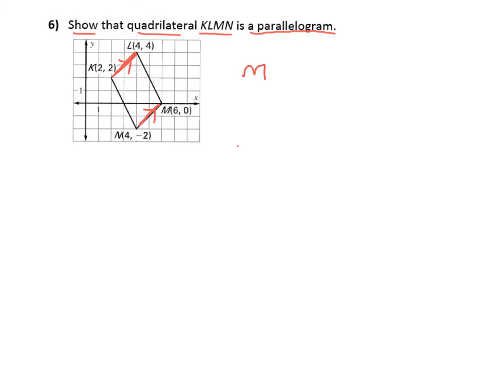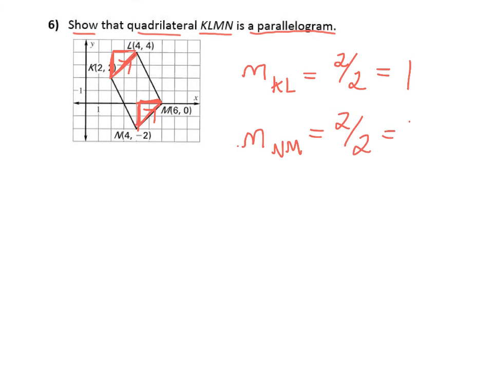So I want to get the slope of KL, and I want to get the slope of NM. So I can just plot it right out on the graph. Looks like I'm going right up to right 2 over 2, which is really just going to give me 1. And it looks like I have the same for N and M, 2 over 2, which gives me 1. So now I know that these two are parallel.